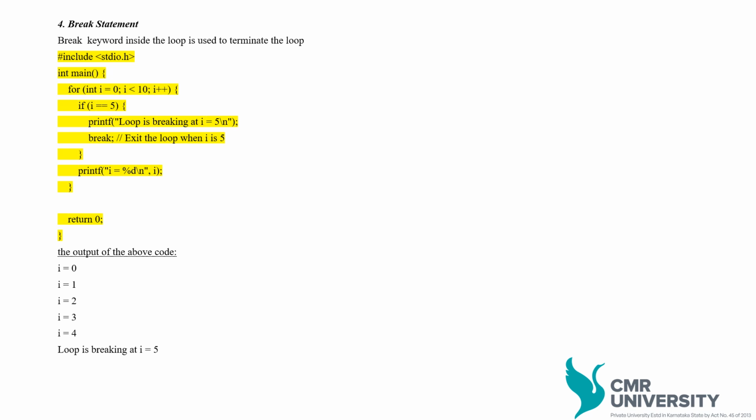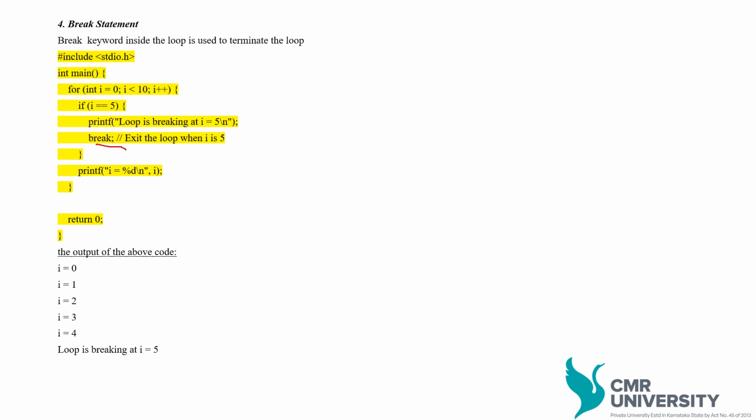And break statements. Break statements are used inside the loops to terminate the loops. For example, if we don't want a loop to be continued, we will be using break. For example, here we used for and if. After if, we'll be printing the output, and we are breaking the loop here using the break statement.